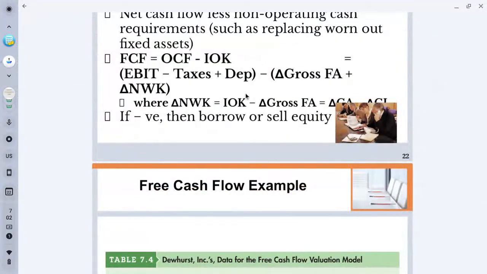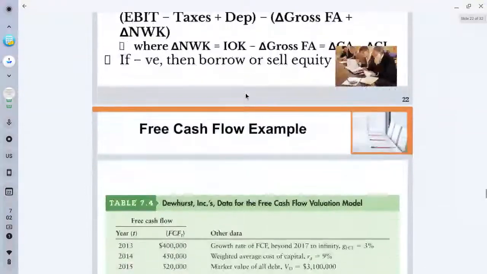Free cash flow is very strictly defined.